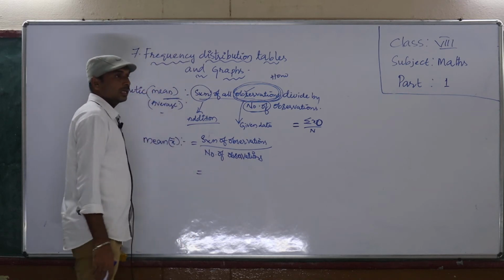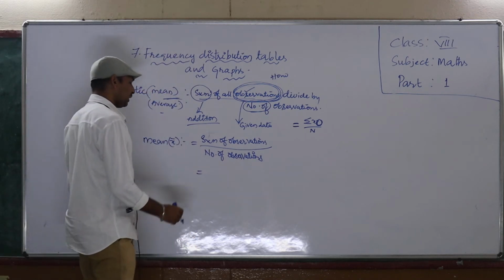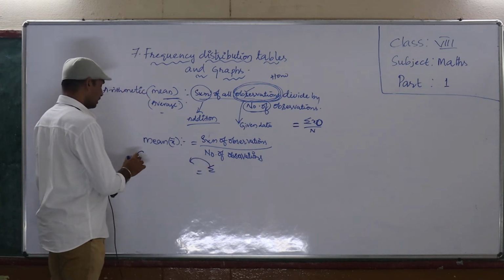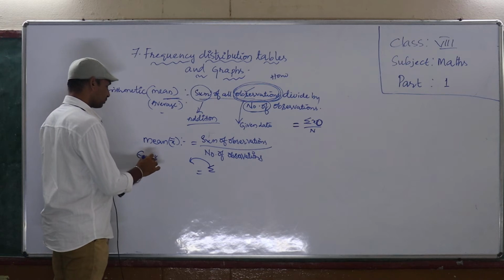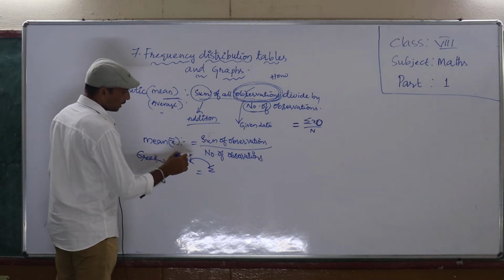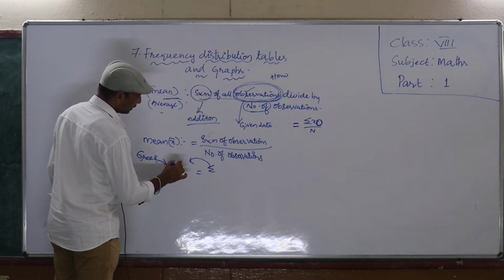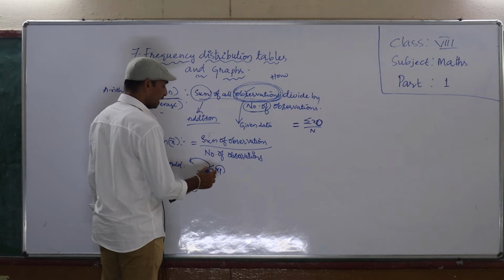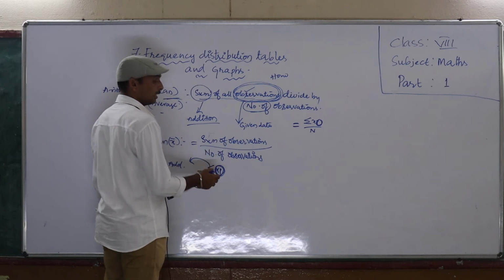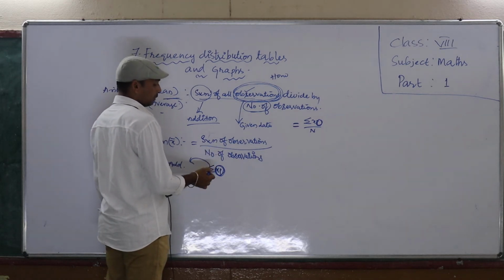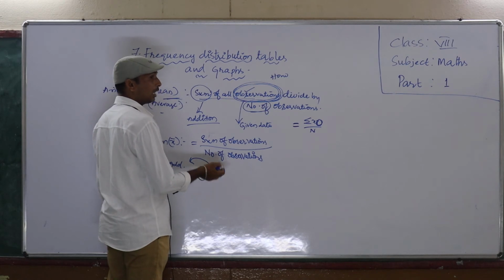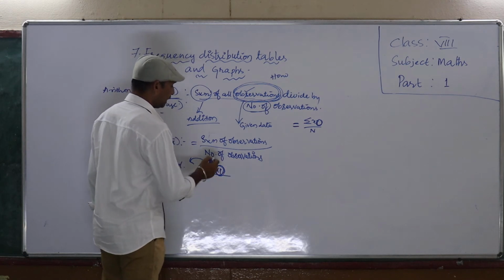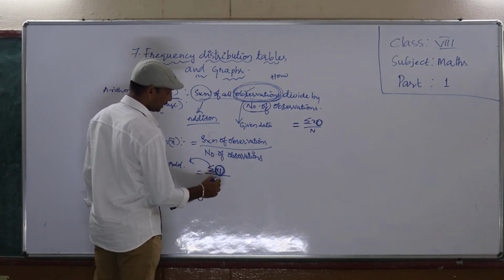Sigma, a Greek letter, means addition. Xi are the given observations, so we add all the observations given in the data and divide by the number of observations n.